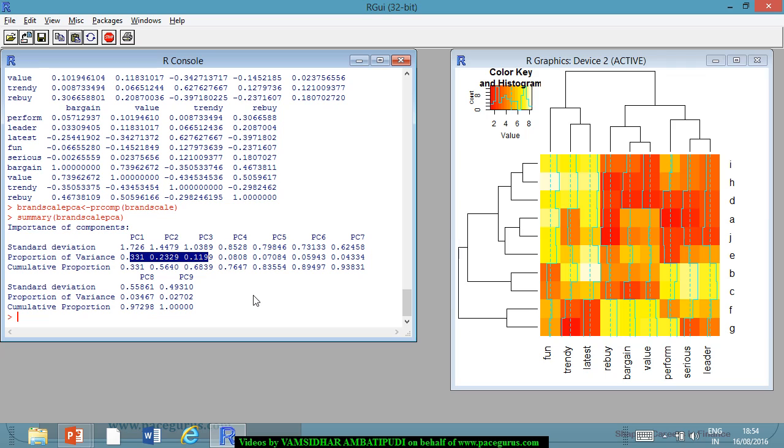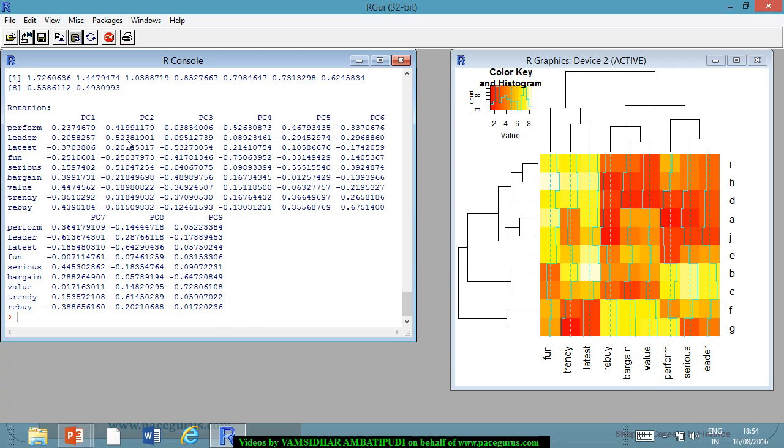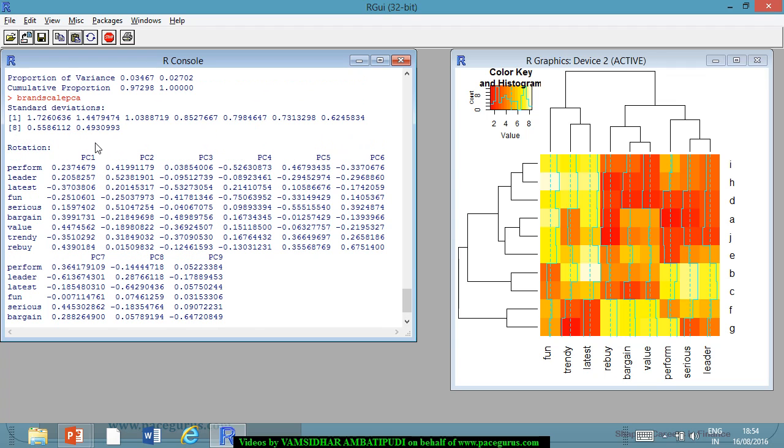Now this is where I can look at the actual object. So I'll do brand scale PCA as an object. This is where I would look at the rotated component matrix. The rotated component matrix says PC1. Within PC1, there are a few positive components. PC1 is a much more significant component.